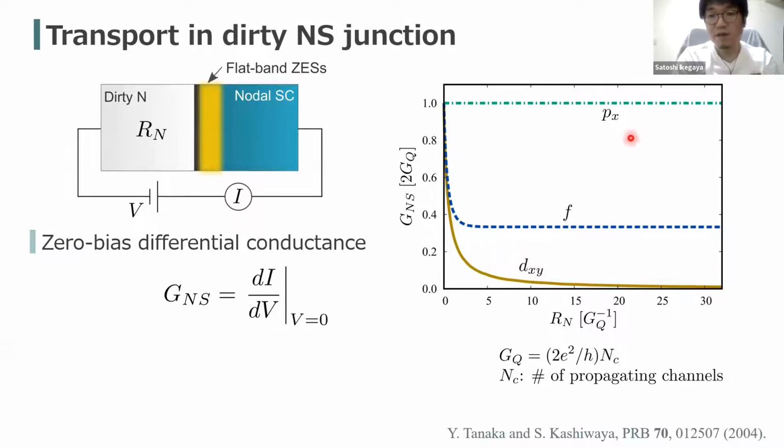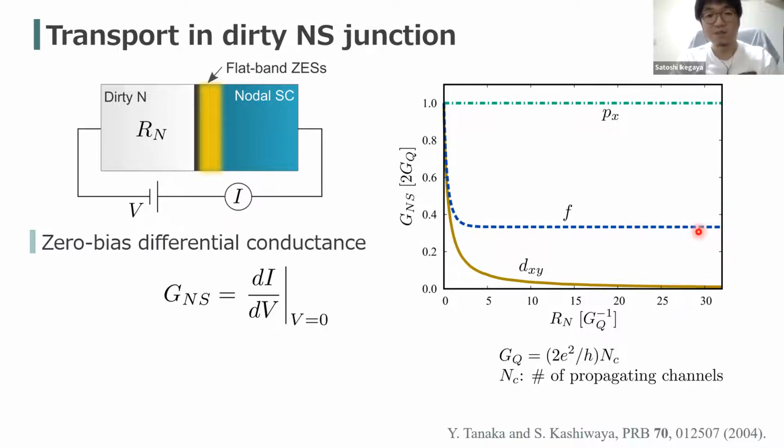However, surprisingly, in the case of PX wave, the zero bias differential conductance shows perfect transmission irrespective of the strength of the impurities in the normal segment. In the case of F wave, the zero bias differential conductance decreases at first, but it saturates, and finally we still get a finite zero bias differential conductance even in the dirty limit.